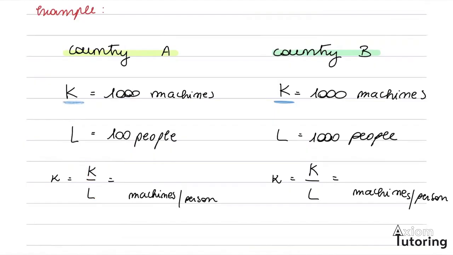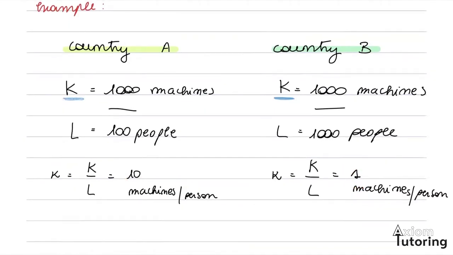For country A, we would do 1,000 divided by 100, which gives us 10 machines per person. And for country B, we would do 1,000 divided by 1,000, which gives us one machine per person. So even though these two countries have the same endowment of capital, the number of machines that every person in each country gets to work with is significantly different.